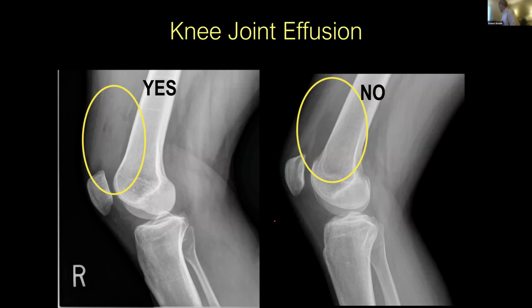So let's, in our time remaining, talk a little bit about some knee radiographs. One thing that is good to look for is a joint effusion. So obviously, when you have a large effusion like this, it distends the suprapatellar recess.